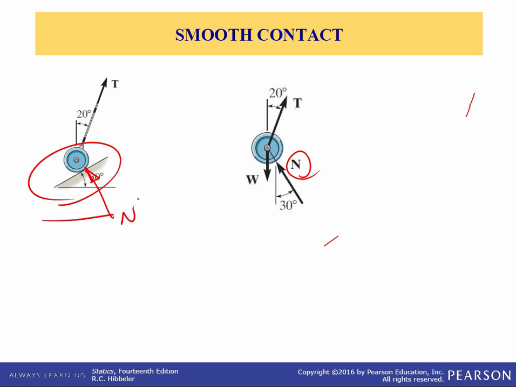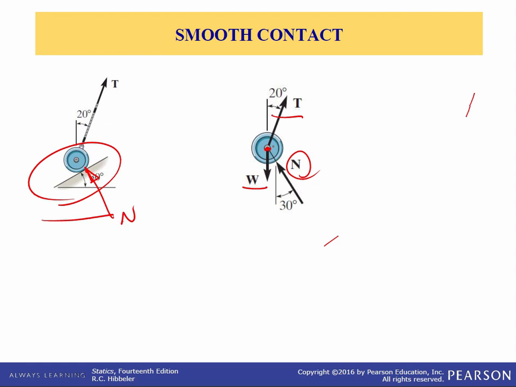So it's at 30 degrees from the negative y-axis. In addition to this normal force N, the cylinder is also subjected to its weight and the tension T in the cord.